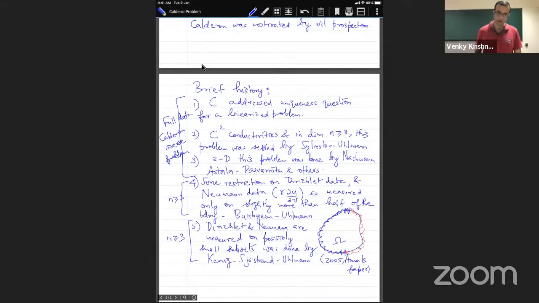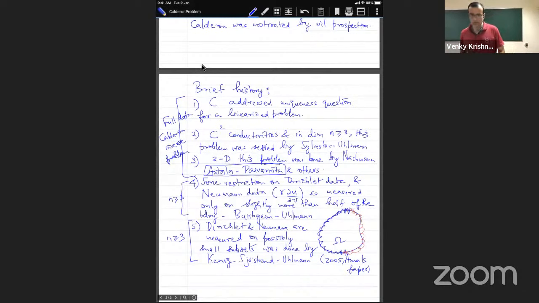I would like to mention the work of Astala and Päivärinta. This in effect fully solves the full data Calderon inverse problem with only L infinity conductivities in the 2D case. But unfortunately, in dimensions 3 and higher, how low a regularity you can go is still an open question.